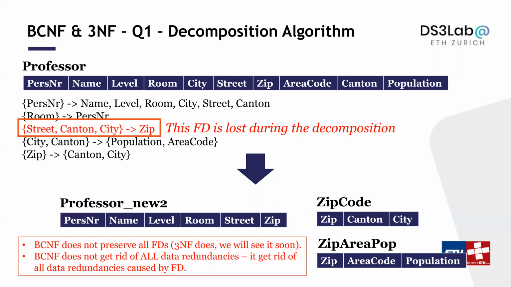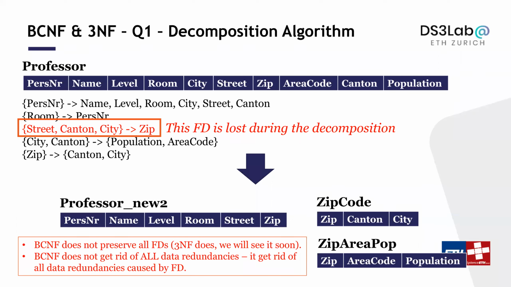And this is actually very interesting: BCNF does not preserve all the functional dependencies. Some functional dependencies could get lost during decomposition. On the other hand, as we will see, the third normal form will preserve all functional dependencies. So that's one important difference between BCNF and the third normal form.